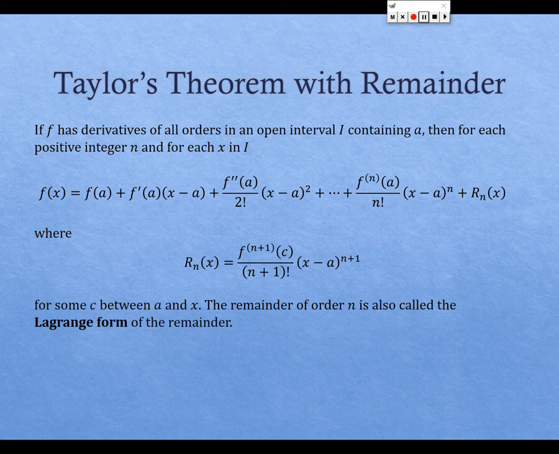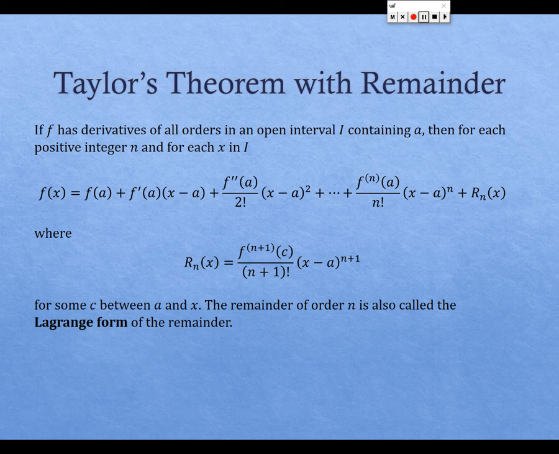The big surprise is what this R_n can be said to be, and that's this down here. This is called the Lagrange form of the remainder. The first thing to notice, because you'll be thinking, how do I remember this nastiness, is that it's almost exactly like the next term if you were to go one more term. If you're estimating using the fourth order Taylor polynomial, the form of the remainder is the next term, the fifth order term, with one very small difference: we're evaluating it not at the center, a, but at some constant c.